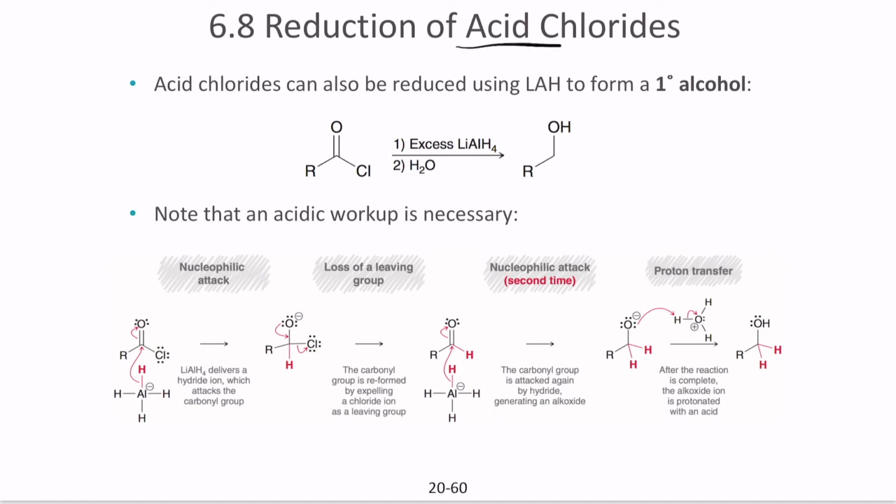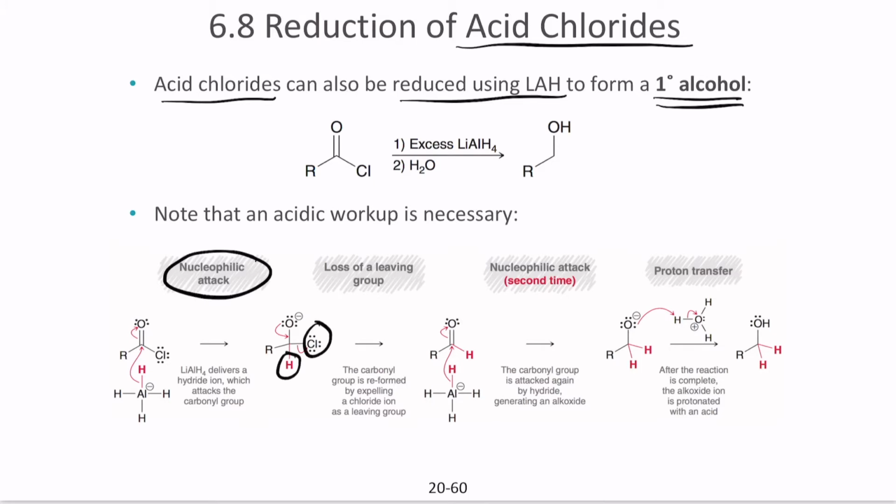Next is the reduction of acid chloride. So what do we do in reduction here? We are basically converting acid chlorides into a primary alcohol. So acid chlorides can also be reduced using the same compound that we generally use, lithium aluminum hydride. So how does the reaction occur? The common reaction, again, first thing is a nucleophilic attack, and because there are two groups that could leave, hydrogen is not a good leaving group, so Cl will be the one that leaves, resulting in the formation of an aldehyde.